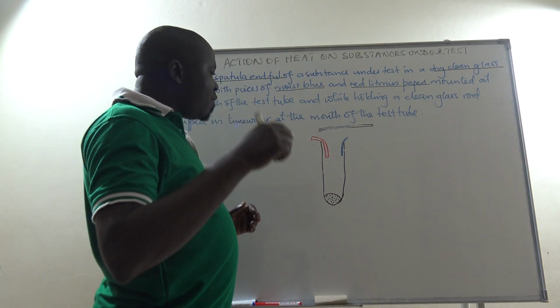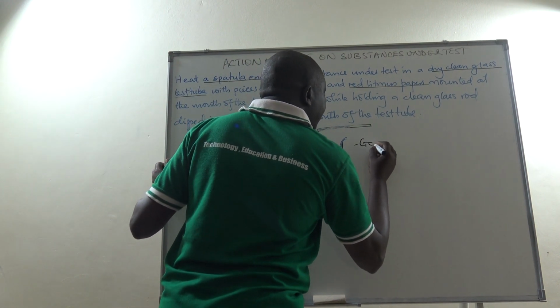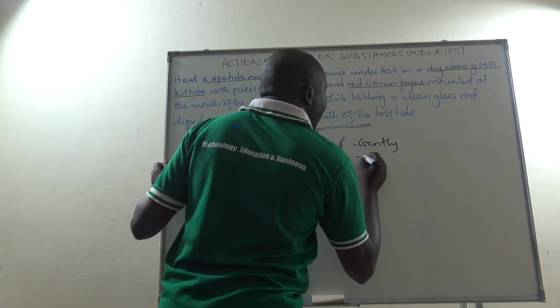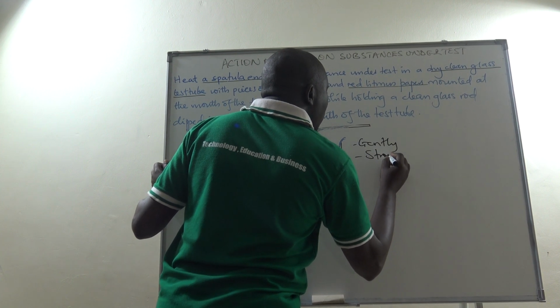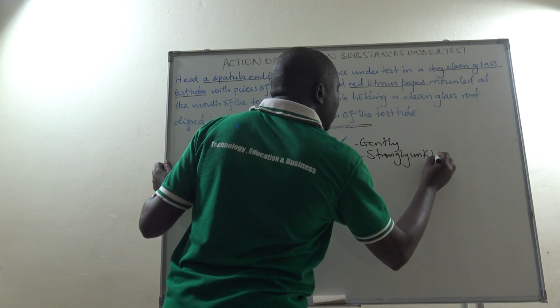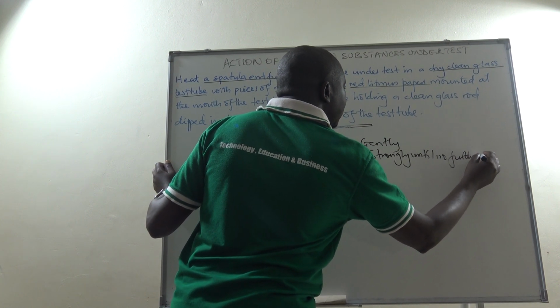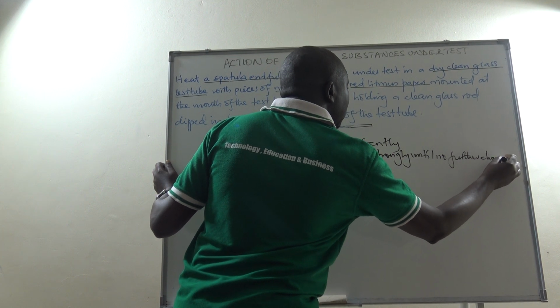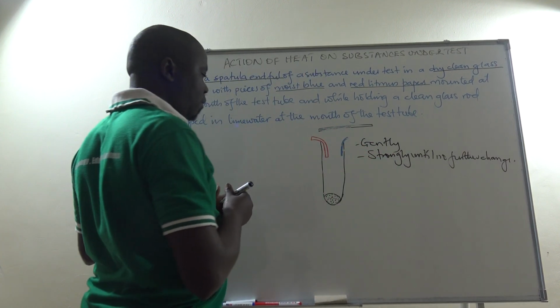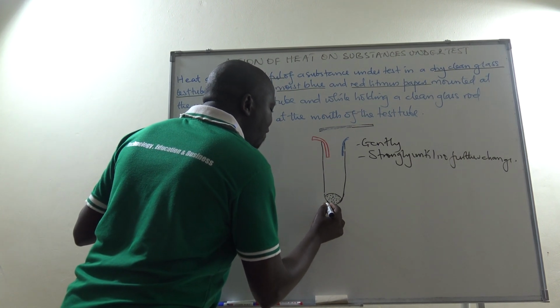But again, when you are heating, firstly heat gently, and then you heat strongly until no further change. When you're heating gently, of course you will not be heating directly on the flame.